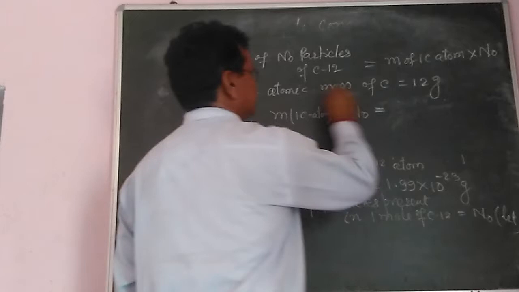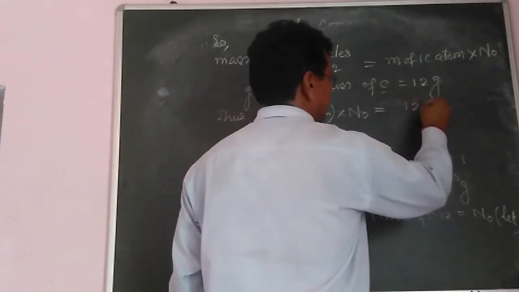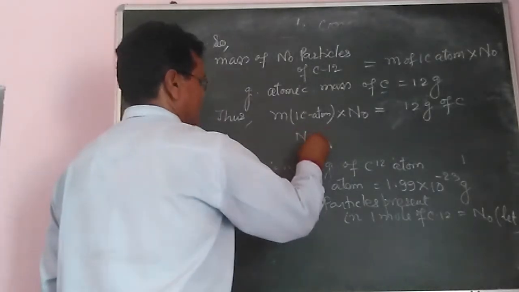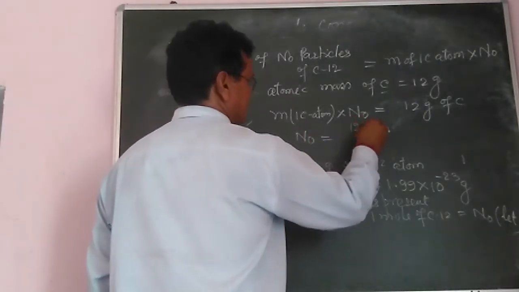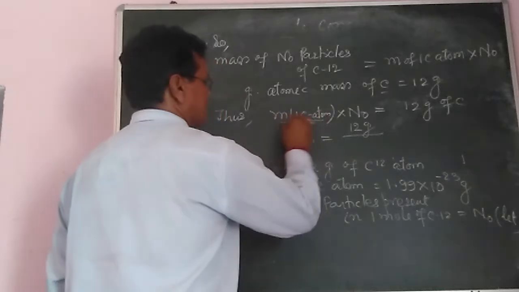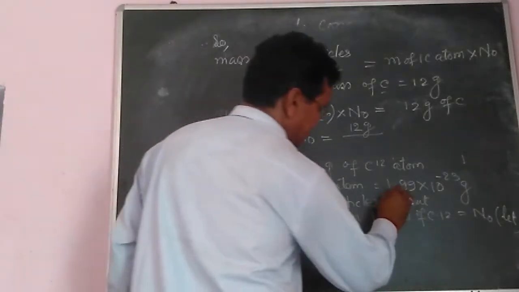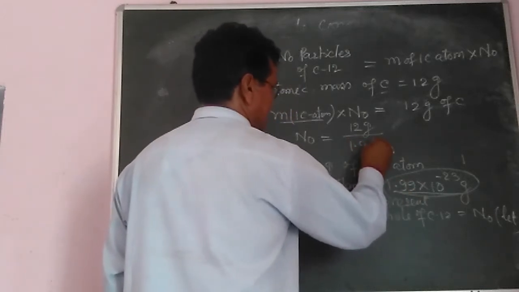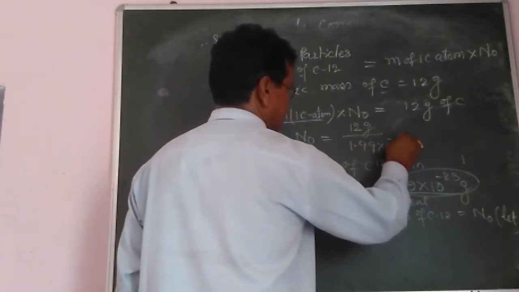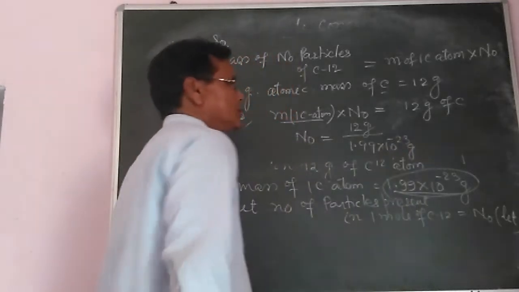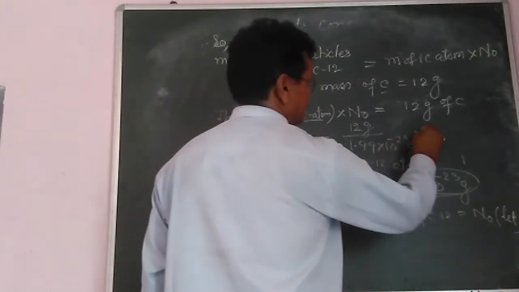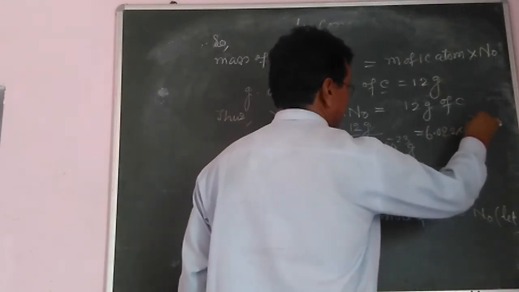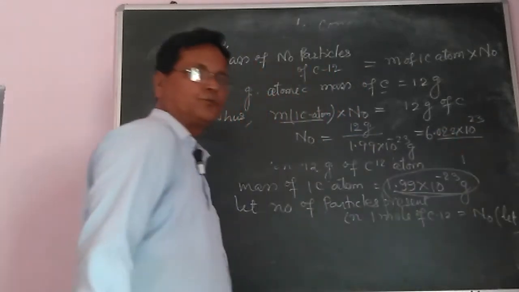So N0 can be calculated: 12 gram divided by the mass of one carbon atom, that is 1.99 into 10 to the power minus 23 gram. If you calculate it, you will get 6.022 into 10 to the power 23.